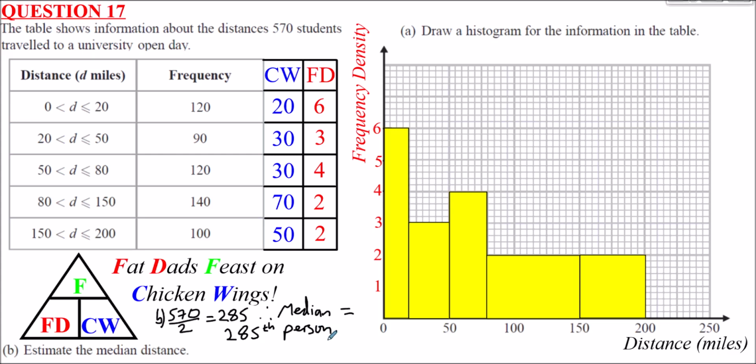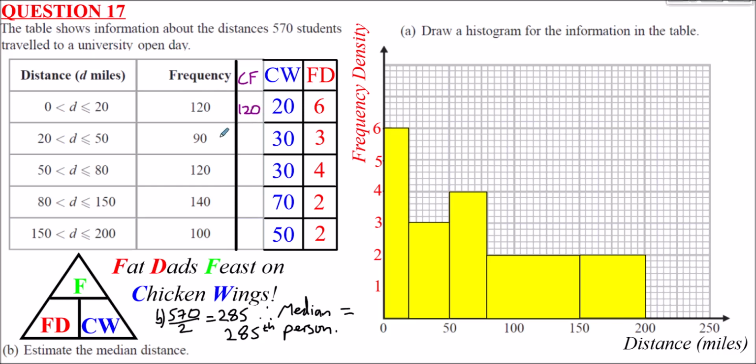So what I'm going to suggest we do here is we do a running total next to this frequency column. I'm going to call this CF for cumulative frequency. So we're going to stop when we get to the first total that goes beyond 285. So this first one is just 120.